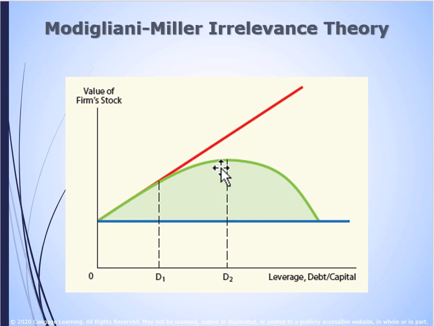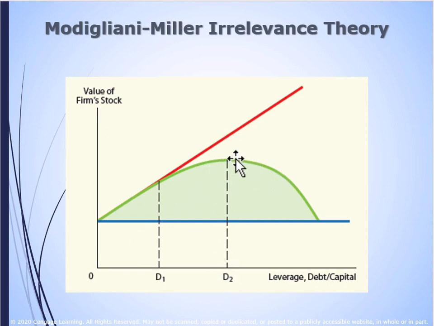So how does that fit into our plan? Well, eventually the financial distress costs will exceed the benefits that you get from borrowing and taxes. So that's why we get this curvilinear function.